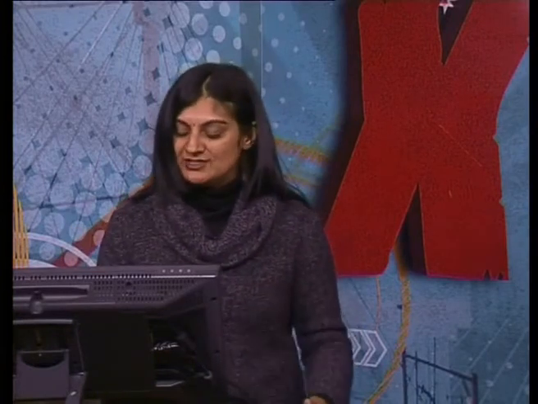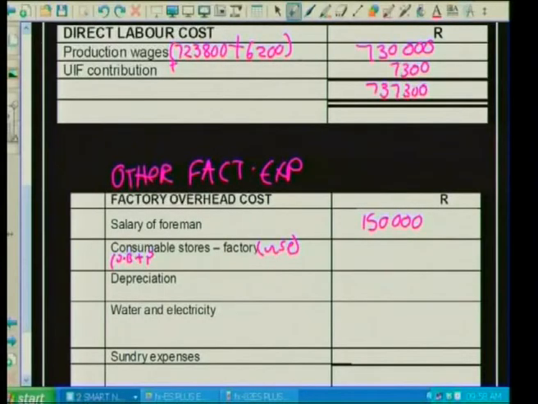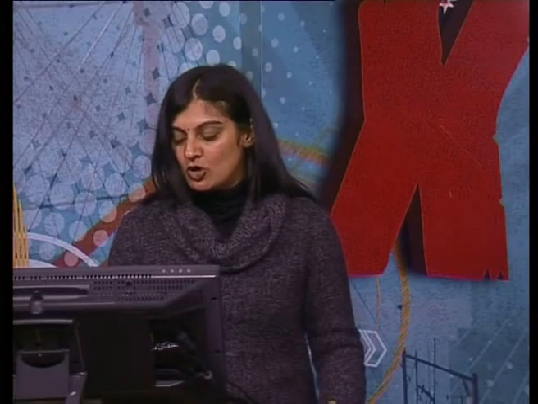The formula that you should use is take your opening balance for your consumable stores, add purchases for the year, additional consumable stores that you bought during the year, add any carriage that you might have paid in terms of transporting this consumable stores, and then finally subtract your closing balance or your closing stock for consumable stores.